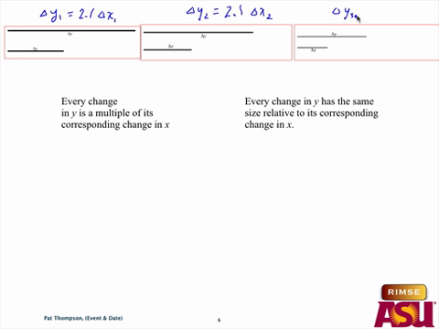Still a different change in y, but it's still 2.1 times its change in x. Constant rate of change, right? The constant is 2.1. Every change in y has the same size relative to its corresponding change in x. It's always 2.1 relative to the size of the change in x.